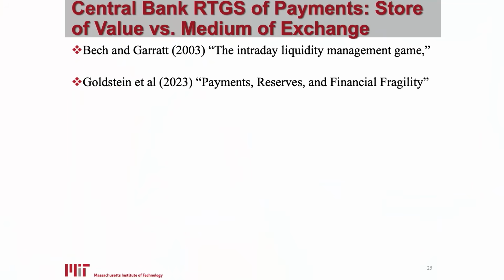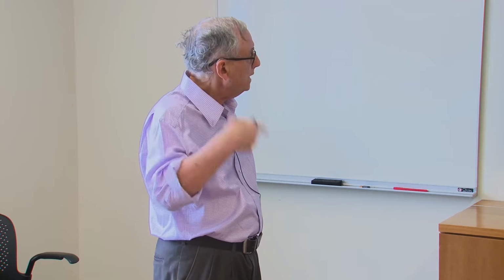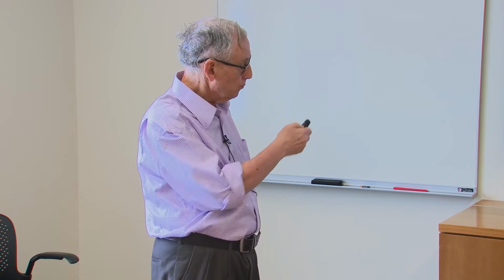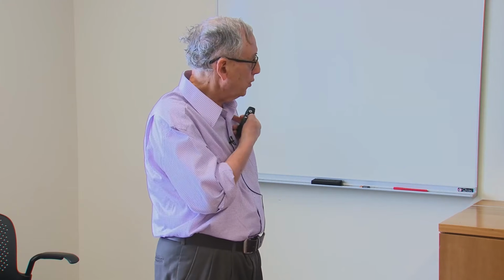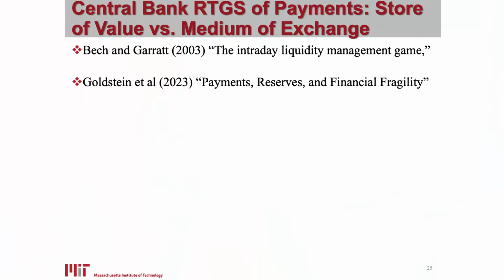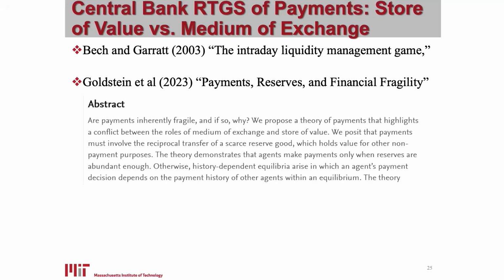The Goldstein here, I met staff at the Swiss National Bank who referred me to this classic paper about payments and financial fragility. Payments are inherently fragile. Why? A theory of payments involves a conflict between the role of the medium of exchange and the store of value.